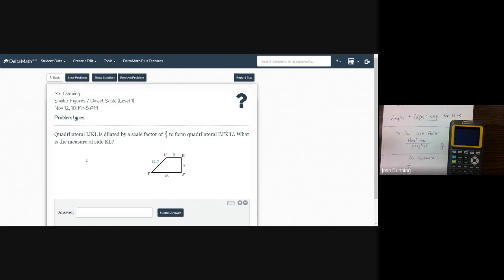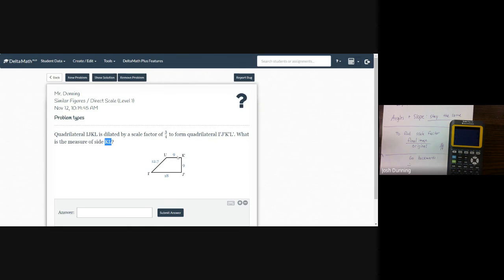Now here's one where we've got to be careful. If you look at the picture here, since they have the primes, they gave us the final image. We want to know KL's original. So like I said on the notes, when you want to find the original, you go backwards.